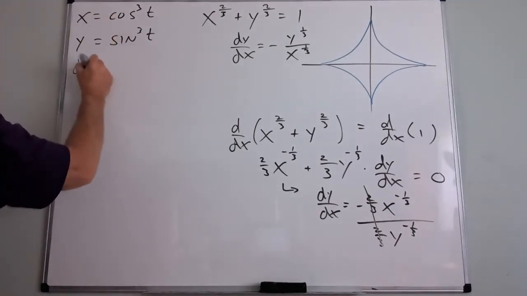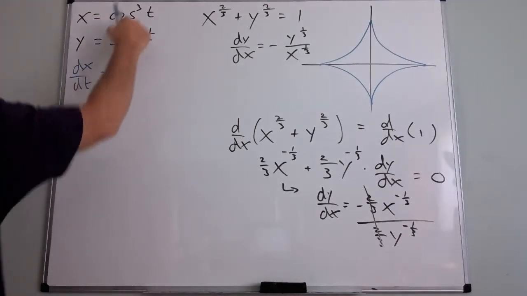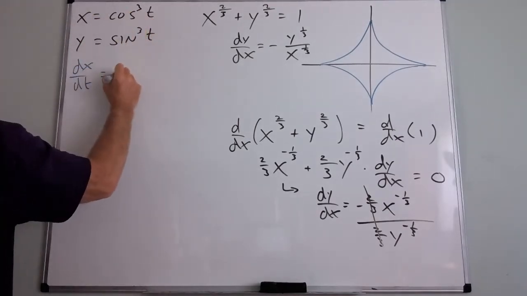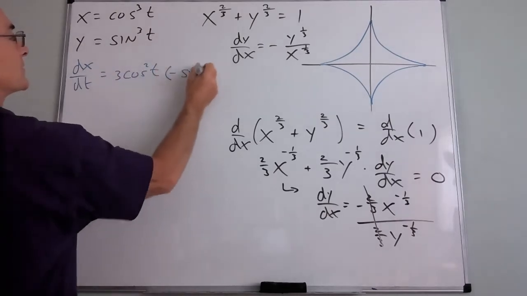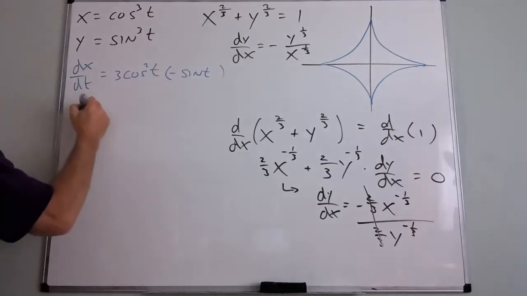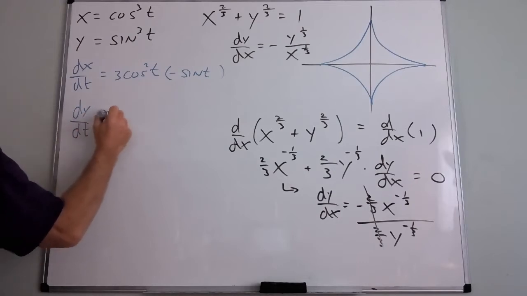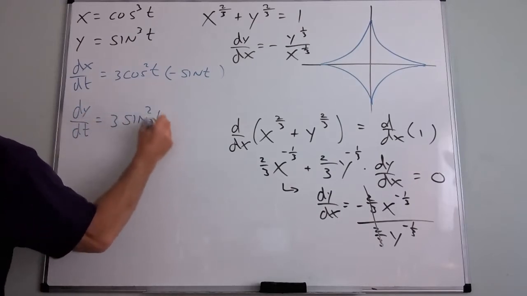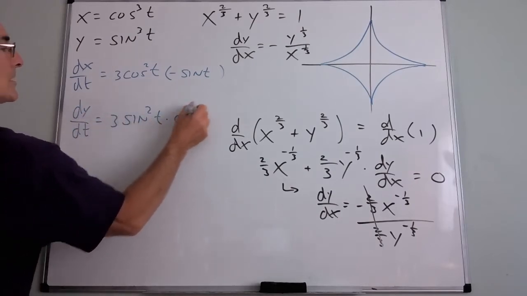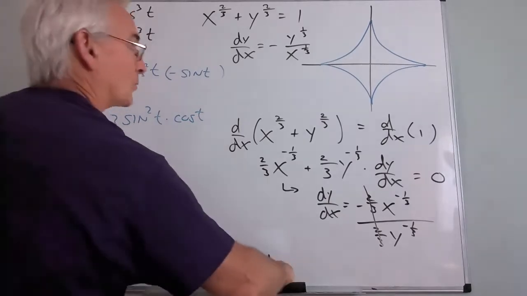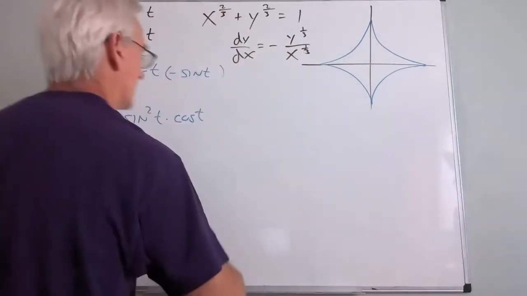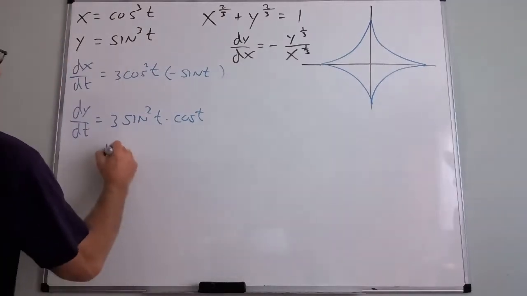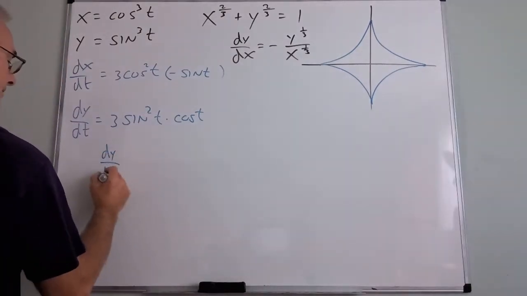So dx/dt, what do I got? I got 3 cos squared t, chain rule factor negative sine t. dy/dt, I have 3 sine squared t, chain rule factor cos t. Now I'm going to erase this because I don't need this anymore. So what is dy/dx?